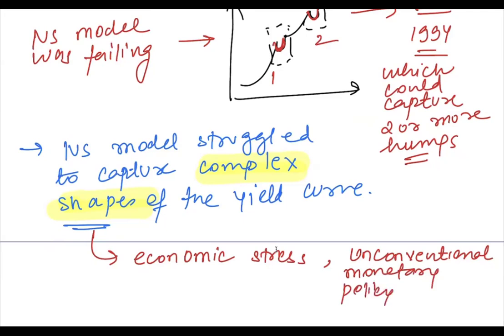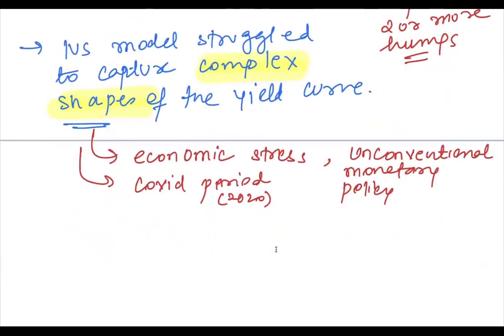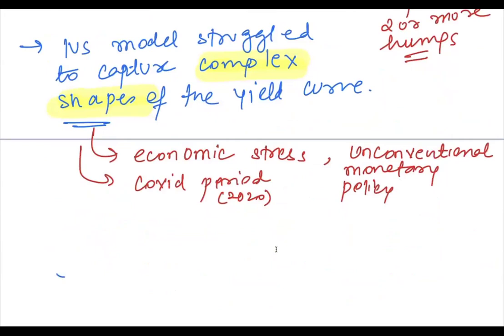Or let's say, if you see the COVID period, which was the 2020 pandemic. In all such cases, the shape of the yield curve, in general, we see something like this, or something like this, which is the normal shape of the yield curves, right?